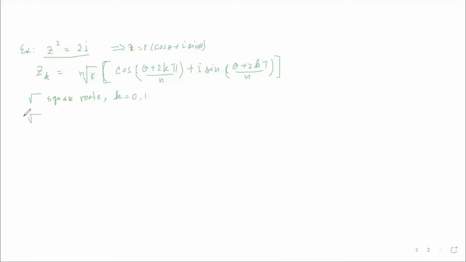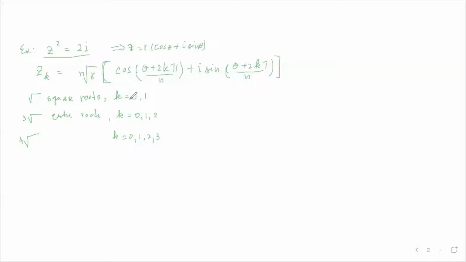For the cube root, k is going to be 0, 1, 2. For the fourth root, k is going to be 0, 1, 2, 3.